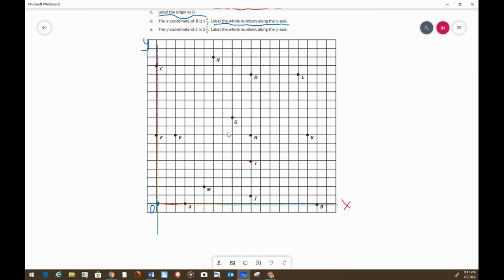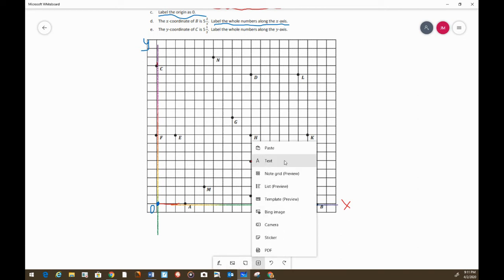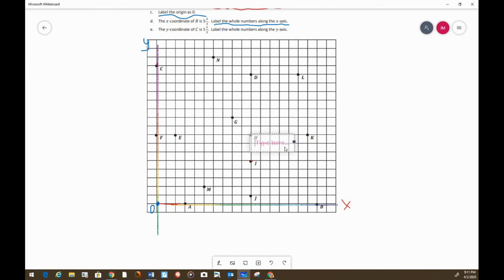Was that 5 and 1/3? No, 5 and 2/3. Okay. Let me use something better to write. Okay, so this is going to be 5 and 2/3. That's it. So this is going to be the measurement for B.